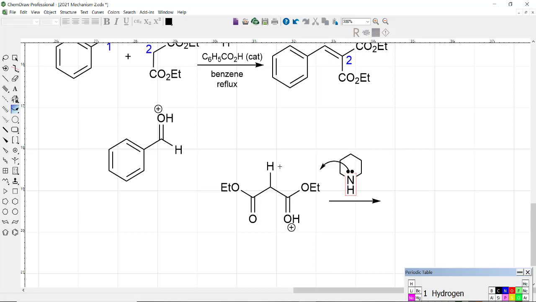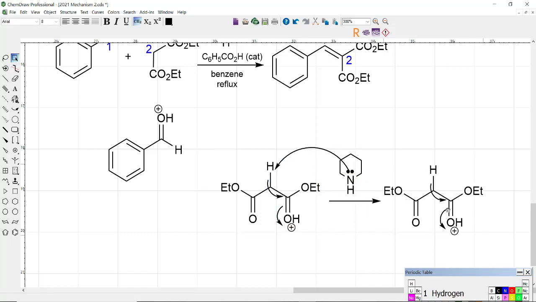So this lone pair actually helps to deprotonate, and then form the pi bond, and then flow towards the electron sink, which is the protonated OH. So when this happens, this is what you're going to get. I'm just going to do it very quickly. So you're going to get a pi bond that's formed over here.